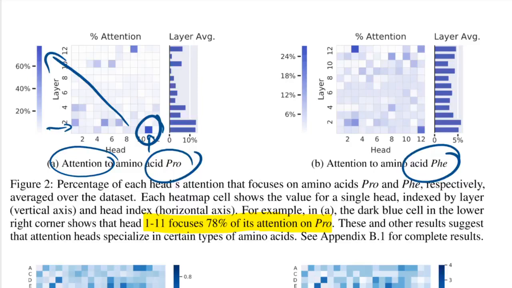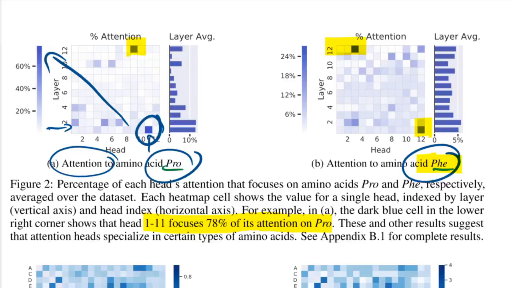And the same goes for phenylalanine, where you can see that in the last layer and in the first layer you have attention, and also for proline in the last layer. So why does this make sense? Because what we would expect from single tokens, these are not interactions yet, these are not biological functions yet.